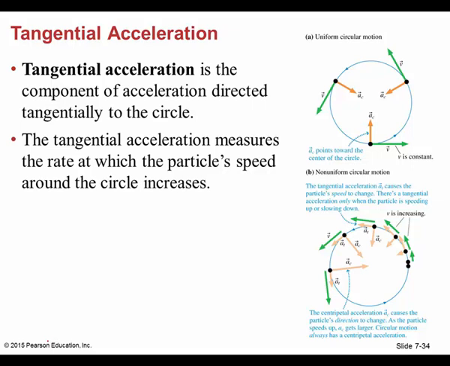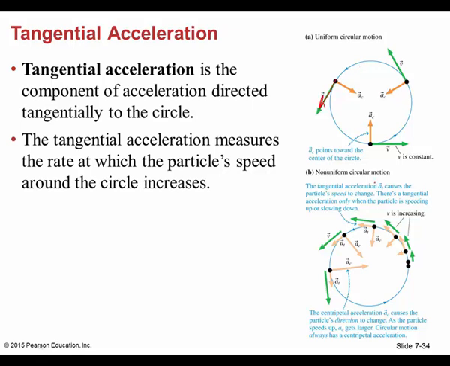Okay? All right, tangential acceleration is a component of acceleration which is going to be tangent to the circle, okay? So when you look at tangential acceleration, well, here's centripetal acceleration. Tangential acceleration should be in the same direction as your velocity component, okay?